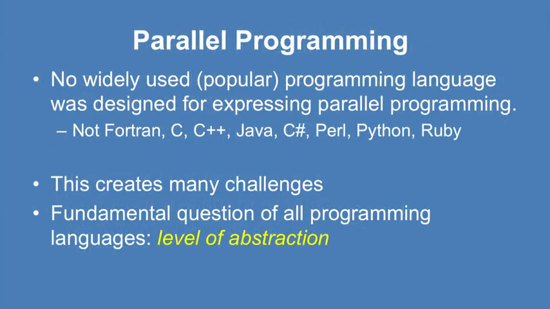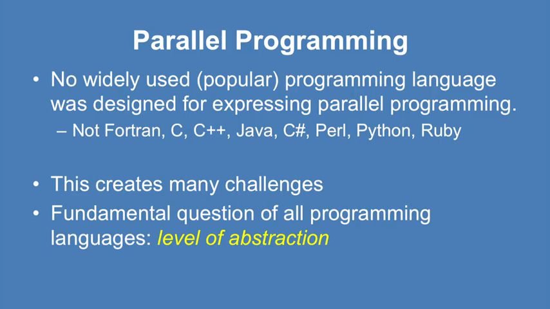So I mentioned the programming languages we use today. Frankly, none of the programming languages, C, C++, Java, C#, Fortran, Python, Perl, Ruby, on and on, were designed as parallel programming languages. Languages that were, including things like Haskell, are hardly mainstream.